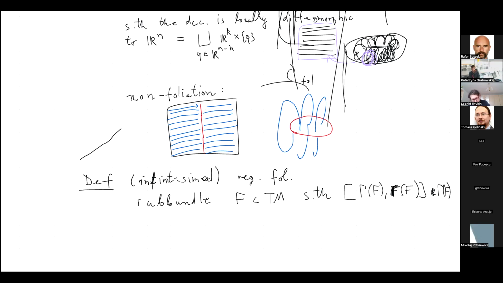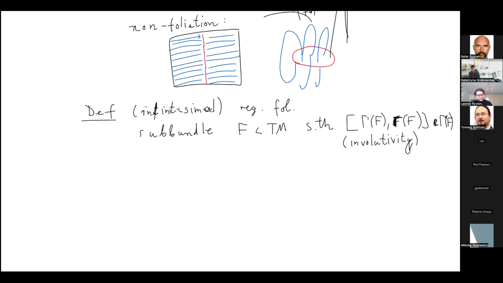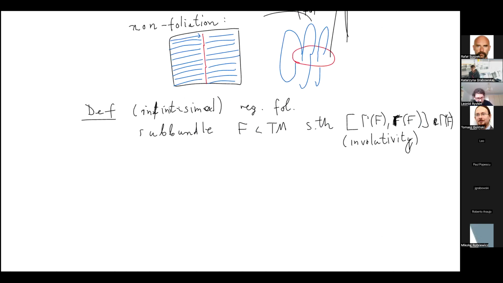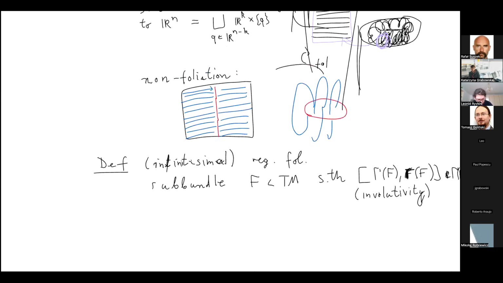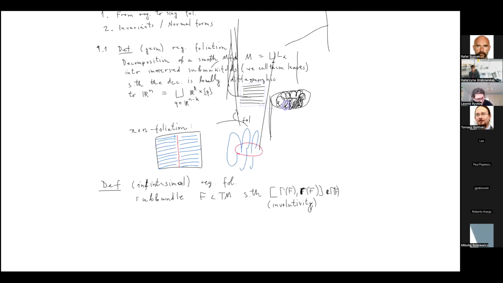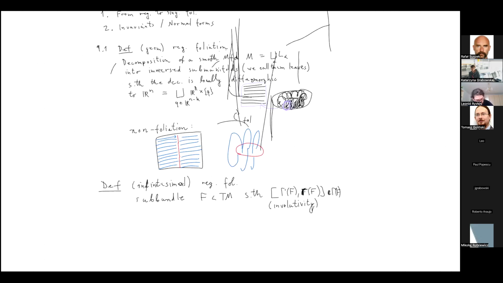And this is usually called involutivity. Okay, so those two definitions are equivalent by what's called the Frobenius theorem.